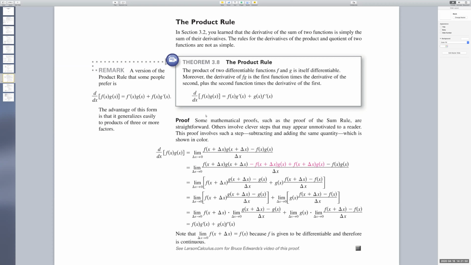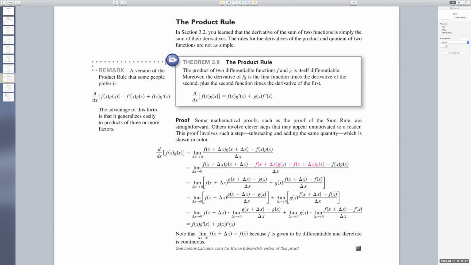Again, we want to use the limit process, the definition of the derivative using the limit process, to show this rule, right? So this is the function f of x times g of x here. You put it in the definition and you manipulate the algebra a little bit, and you split the big function into two different functions.